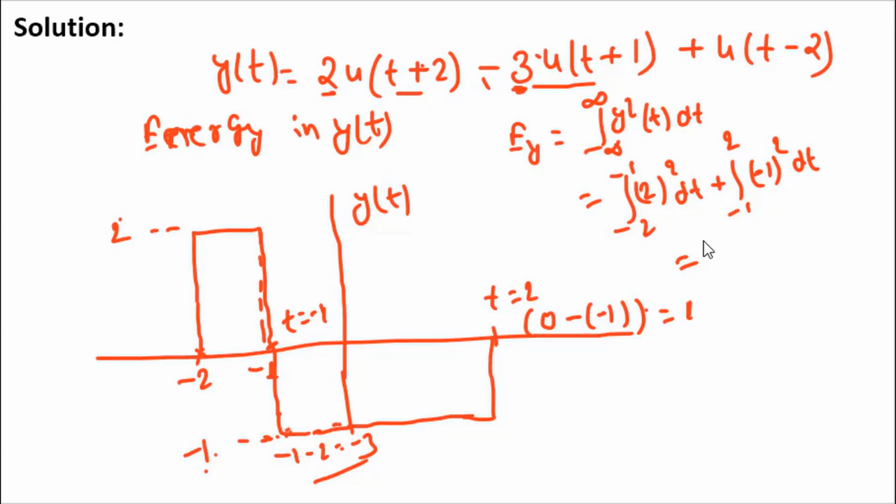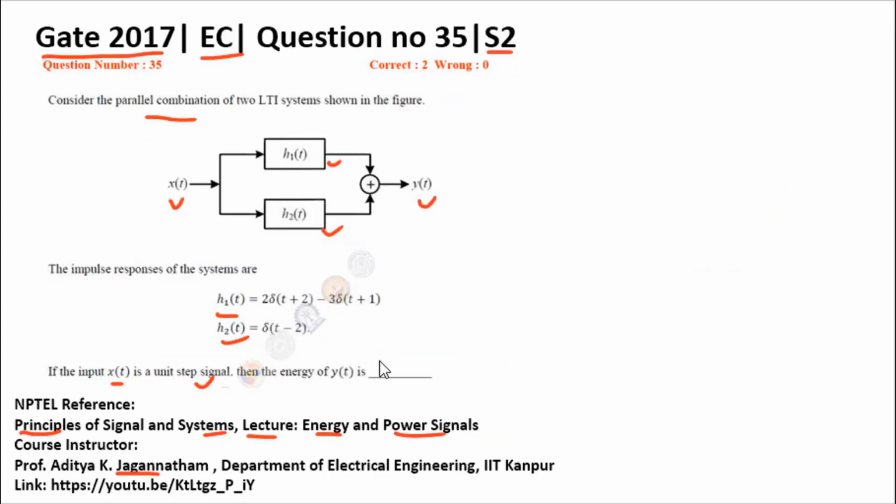When you solve this, you will get 4 into 1 plus 1 into 3, which is equal to 7 joule. So the correct answer for this question is 7.